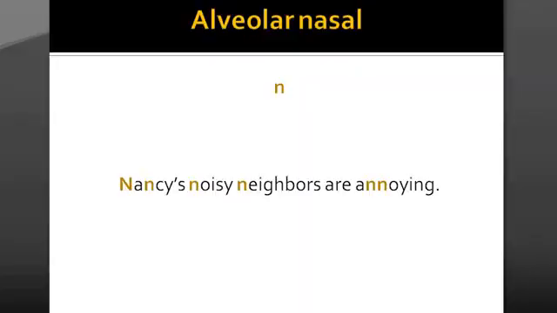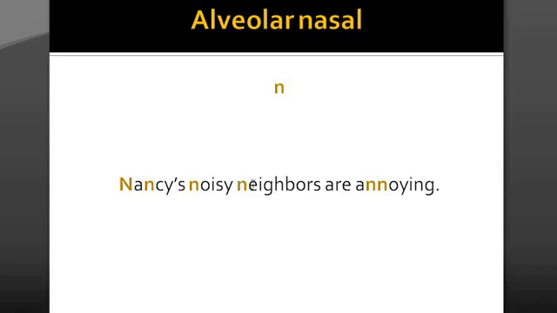Now, it's a weird name. Maybe you don't think about the alveolar ridge when you're speaking, but actually we use the alveolar ridge to pronounce many sounds in English and also in Thai language. So today we're learning English alveolar sounds.